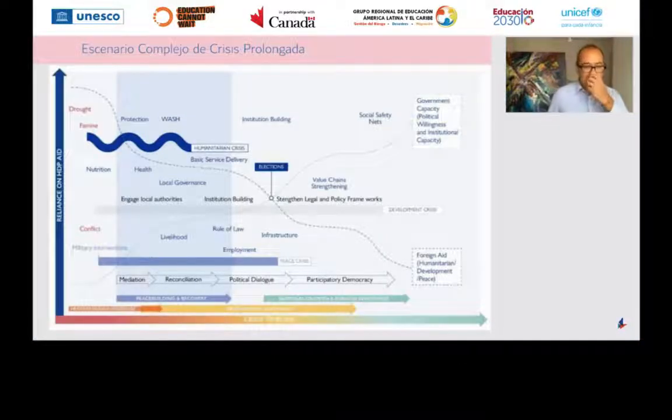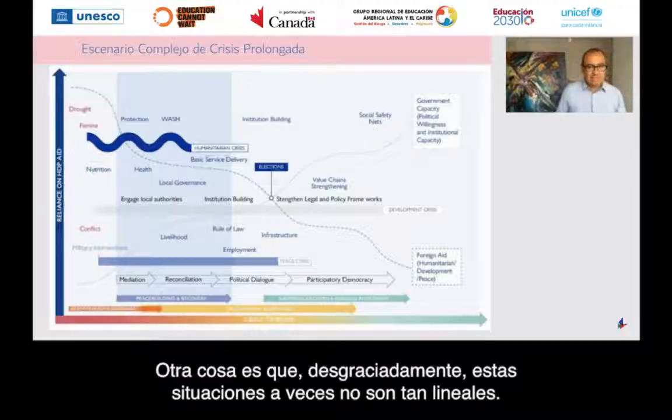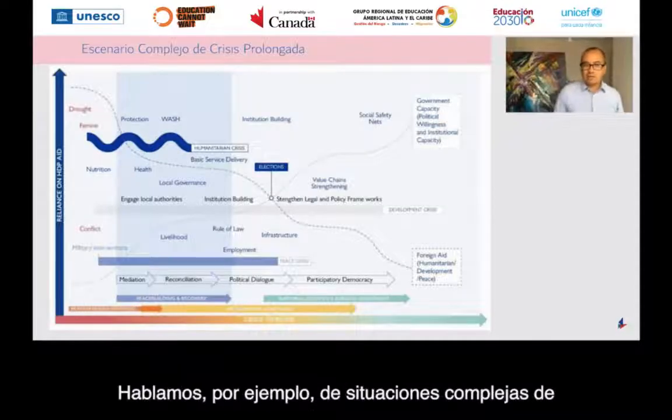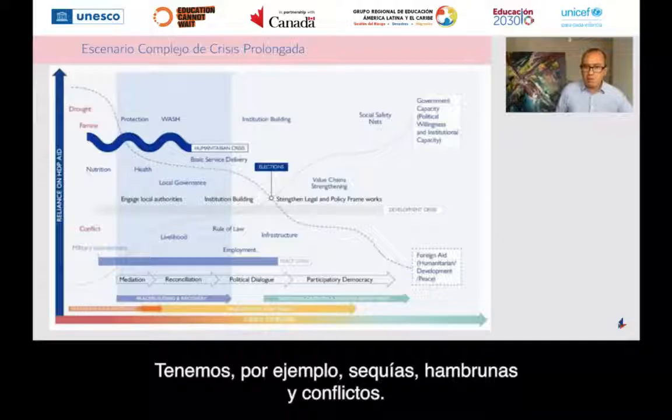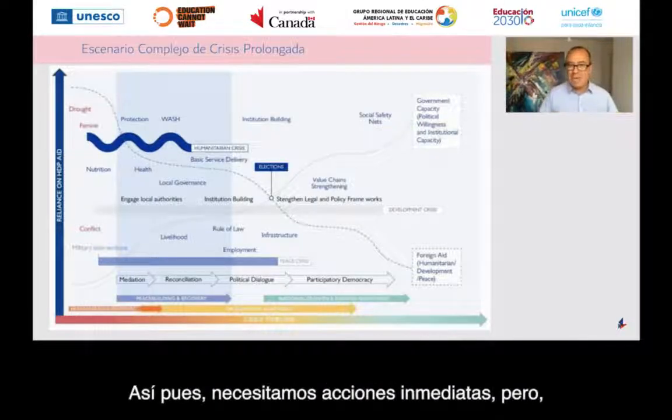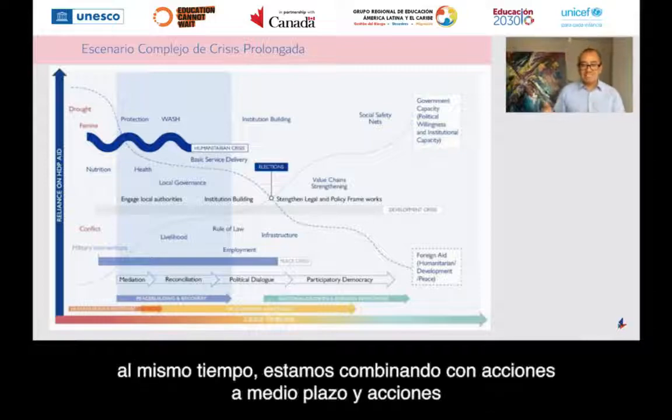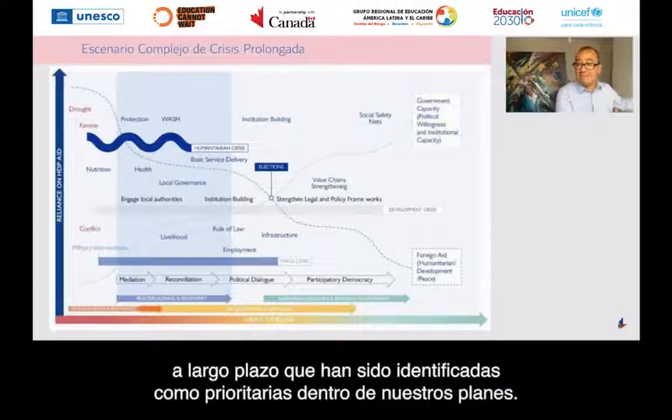The other thing is that, unfortunately, these situations sometimes are not so linear. We are talking, for instance, about complex protracted crisis scenarios where we have different crises happening at the same time. We have, for instance, droughts, famines, and conflicts happening. So in one of them we need to have immediate actions, but at the same time we are combining them with middle-term actions and with long-term actions that we have identified as a priority within our plans.